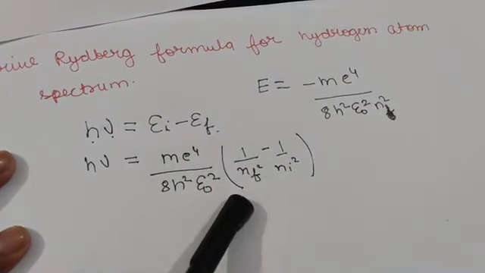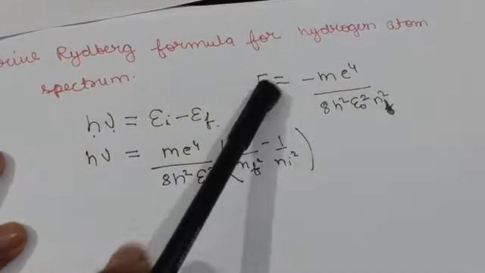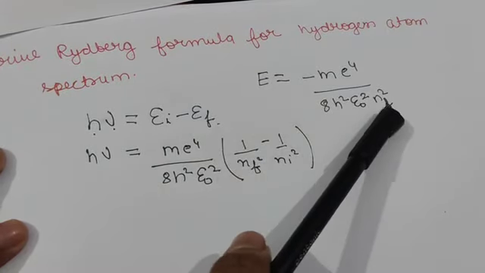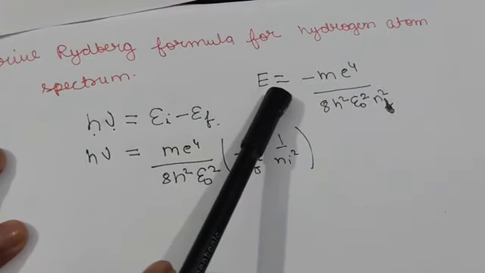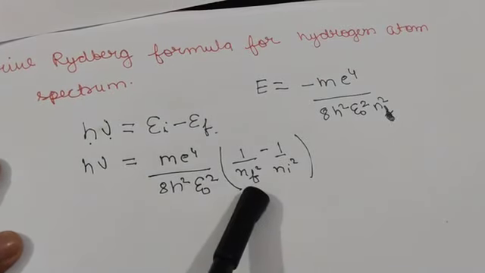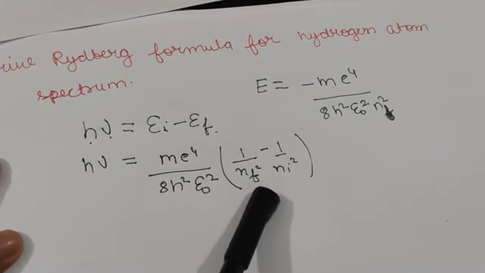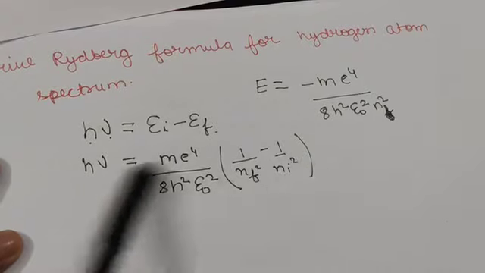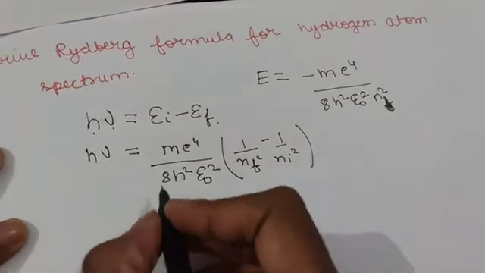Here you can also write n2 squared and n1 squared, so I'm taking nf as final and ni as initial.